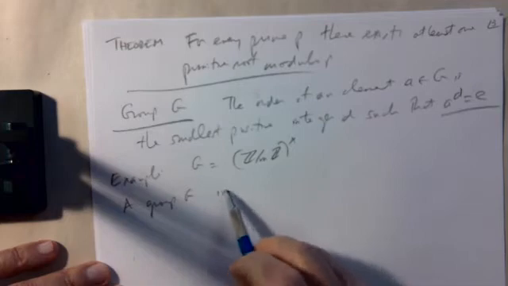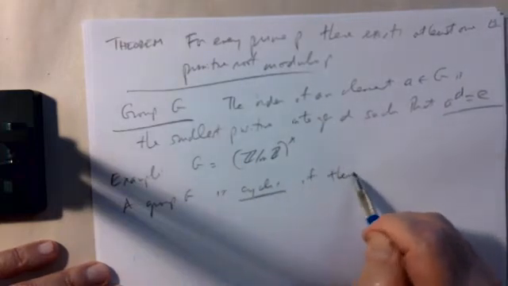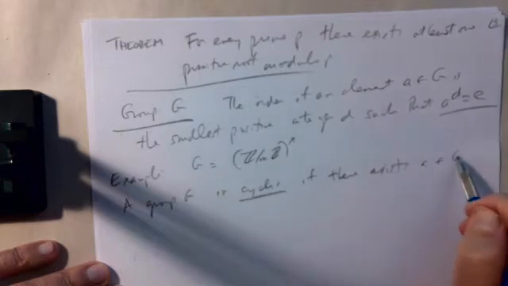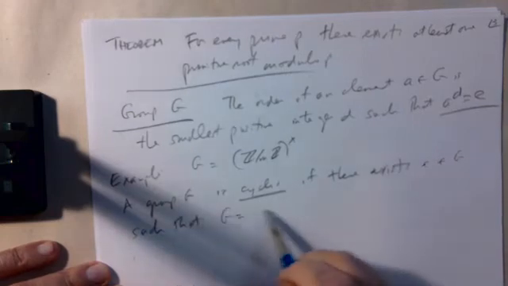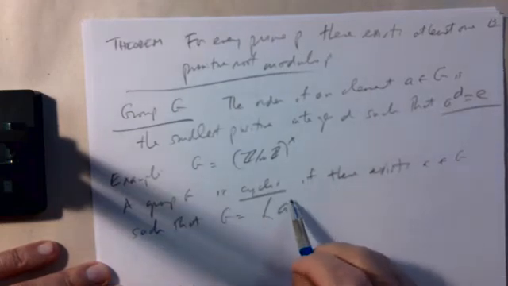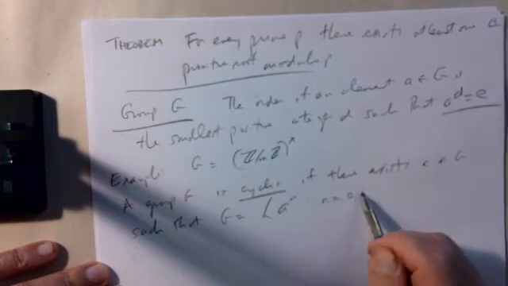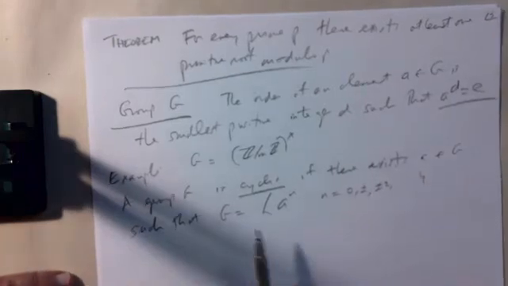A group G is cyclic if there exists an element a in the group such that G is the set of all powers of a, positive and negative.